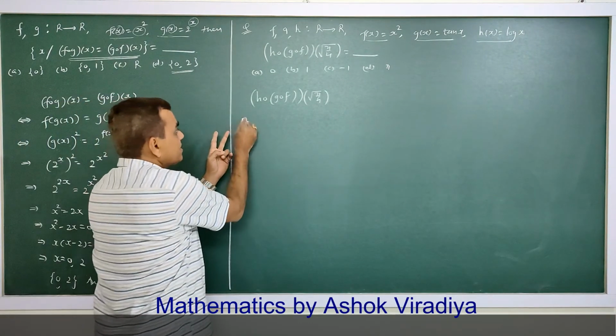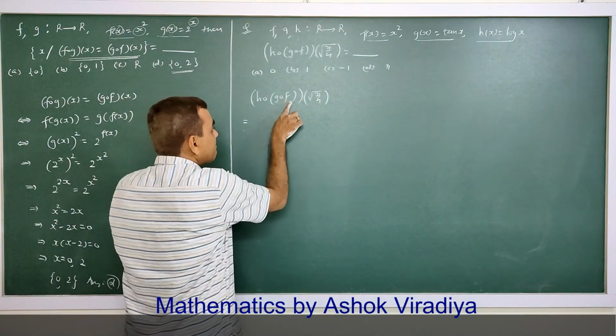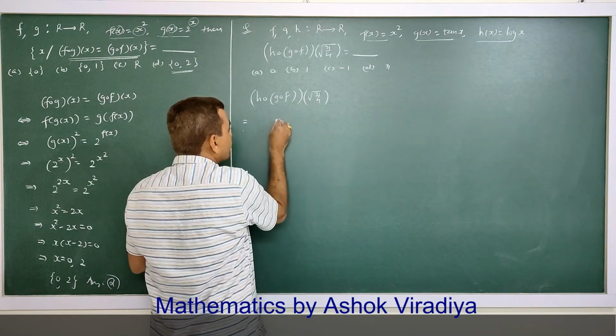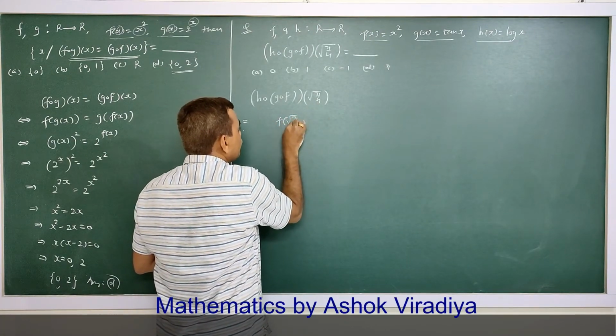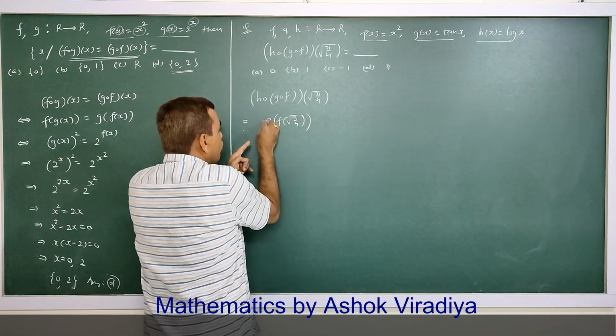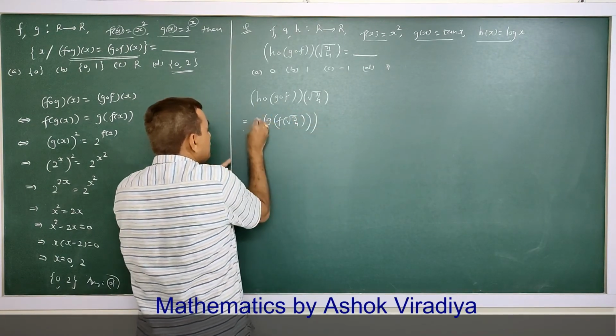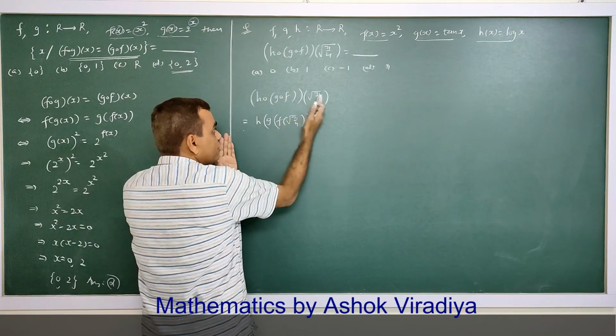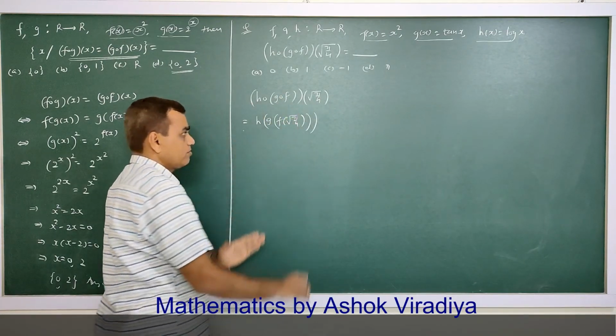See, first f will work on root pi by 4, so it is f of root pi by 4. Then over f, g will go, over g, h will go, one by one. First f will go, then g, then h.